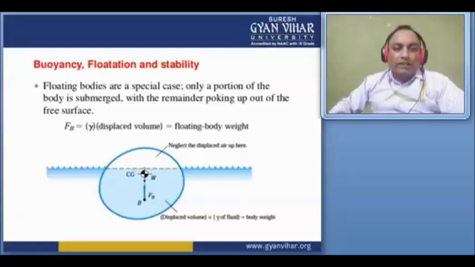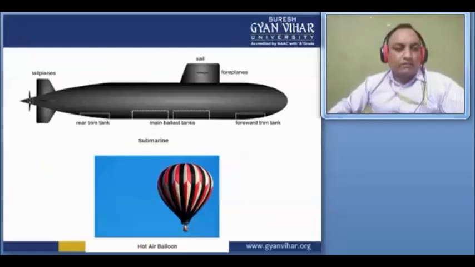Here I will explain the buoyancy concept with some examples. For the example case, these are the two objects here. First is the submarine, and second is the hot air balloon.